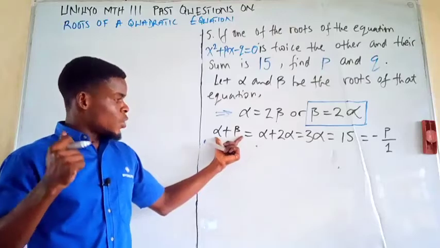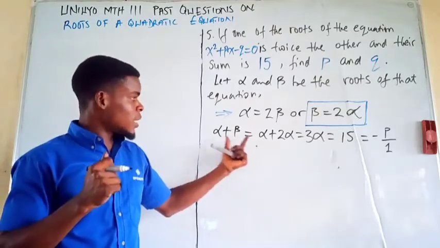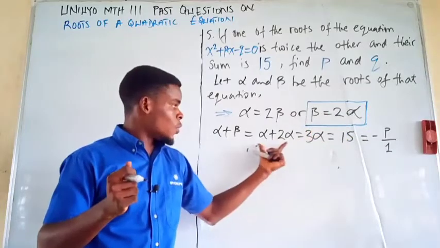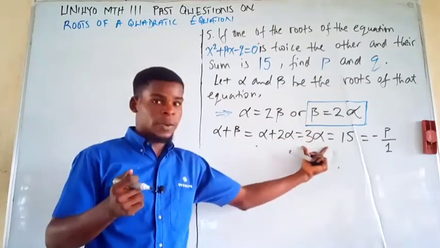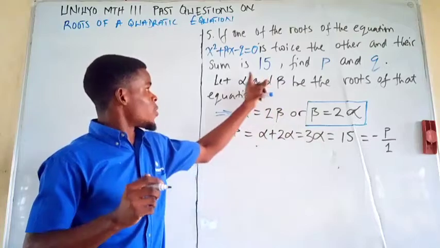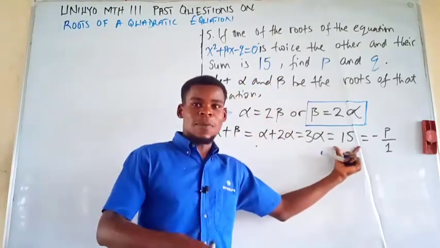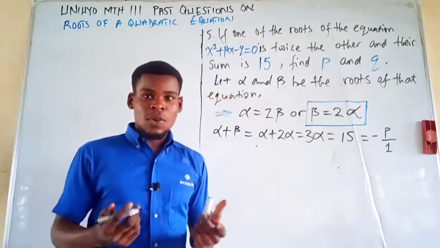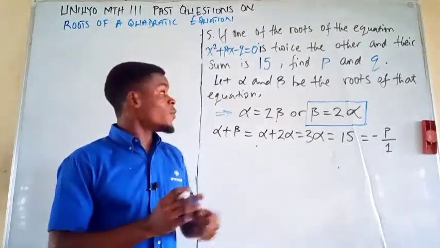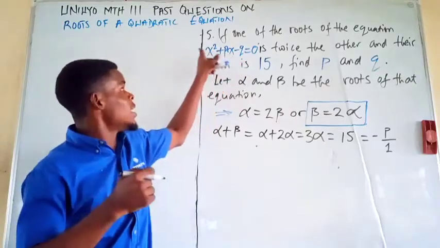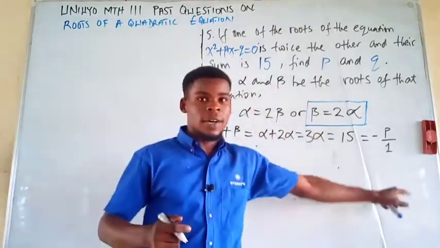The sum of the two roots, alpha plus beta, in place of beta I'll just put 2 alpha, so alpha plus 2 alpha, which is just 3 alpha. Since it was given from the question that the sum will be 15, I'm just putting down 15. And we know that the sum of the roots gives us negative b over a, where b here is p and a here is just 1, so negative p over 1.